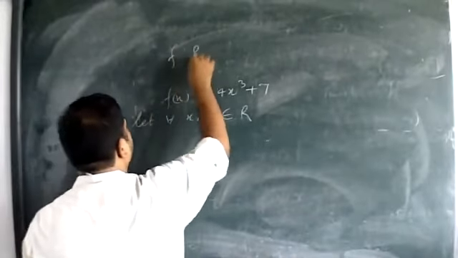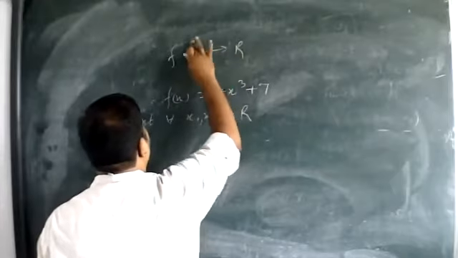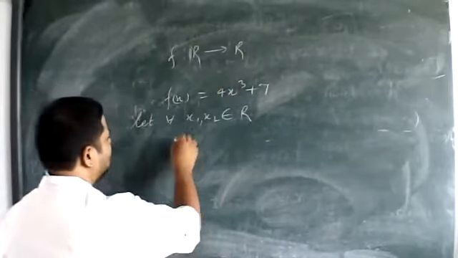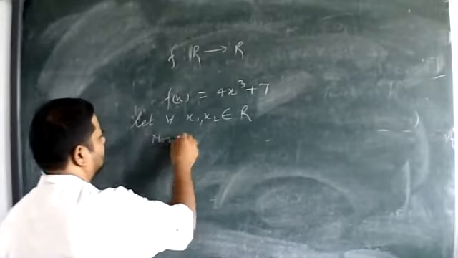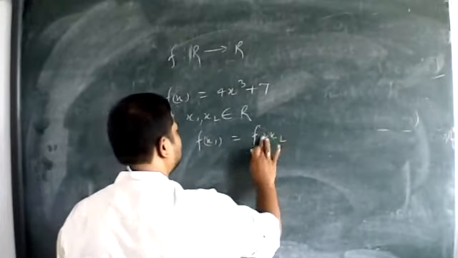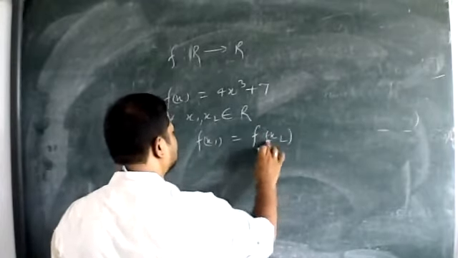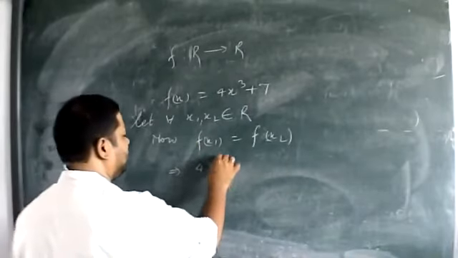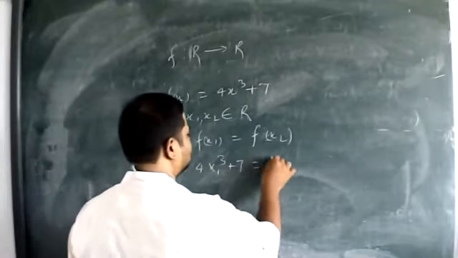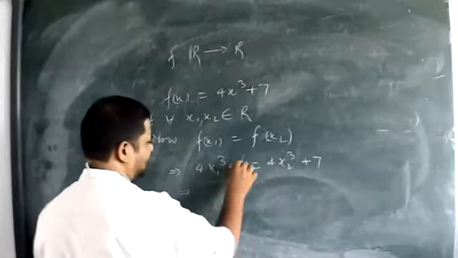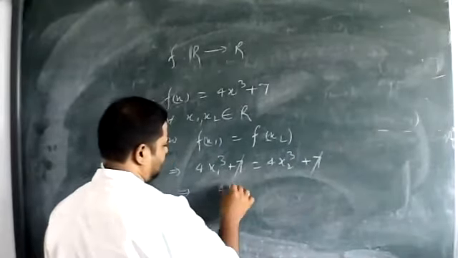From real number, that means from R to R. Real number से real number पे है, इसलिए x1 x2 हम real number में ले लेंगे. Now f(x1) is equals to f(x2), so you can write this, and this f(x1) is equal to f(x2) means 4x1 cube plus 7 is equals to 4x2 cube plus 7. So 7 cancels out.